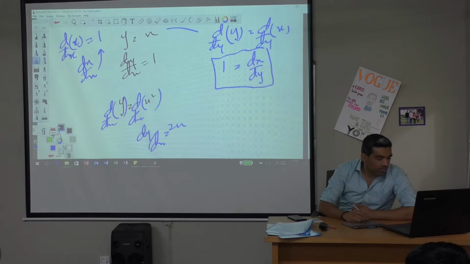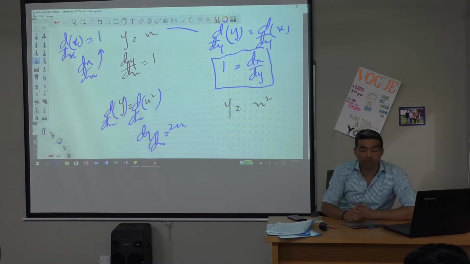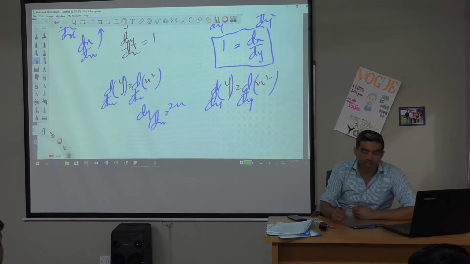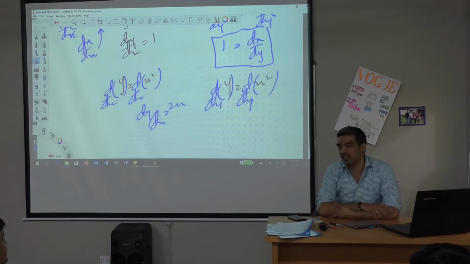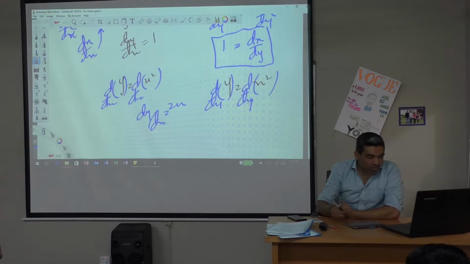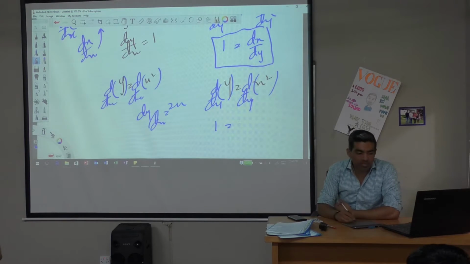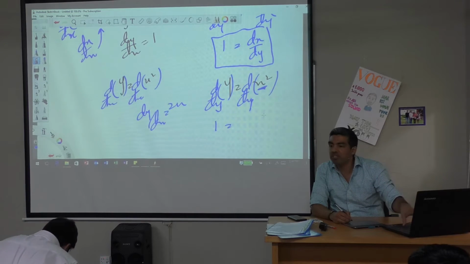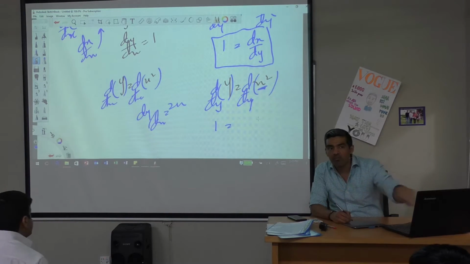But if I say take y equals x squared, but differentiate with respect to y on both sides, you will go d by dy of this and d by dy of this. Now this is where implicit differentiation comes in. This will become a 1, no worries about that. This you need to now understand: what would be the differential of x squared with respect to y?